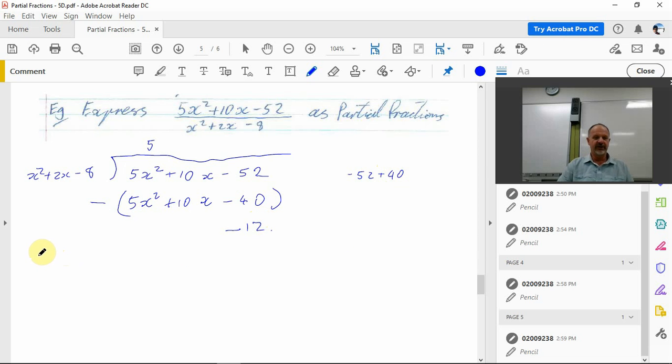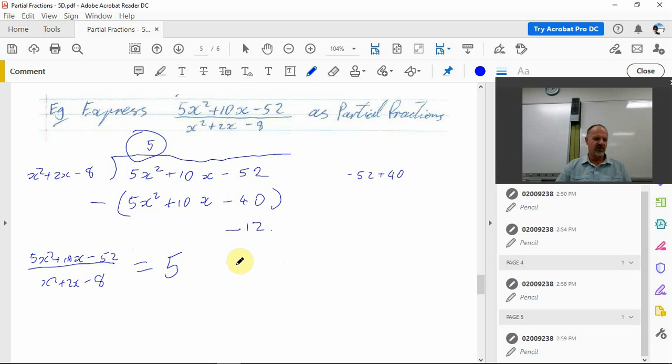So what have I got here? Well, what I've got here is that the fraction 5x squared plus 10x minus 52 over x squared plus 2x minus 8 can be expressed as 5 plus whatever the remainder is.